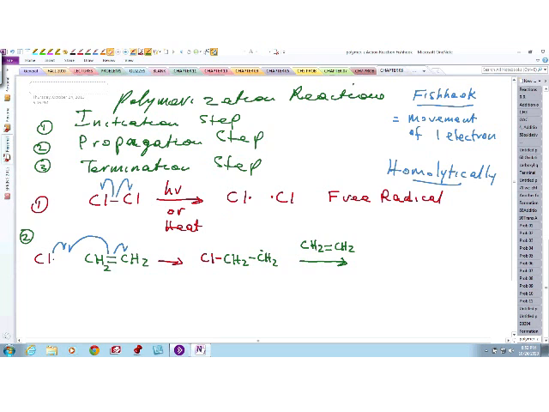Guess what is going to happen? This bond, the pi electron will break homolytically, forming a bond between that carbon and that carbon. This electron will also move, so now you are going to form a bond between this carbon and this carbon. So now you have this.